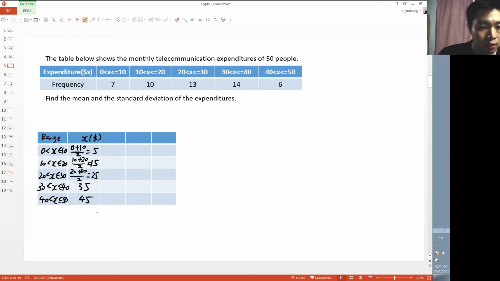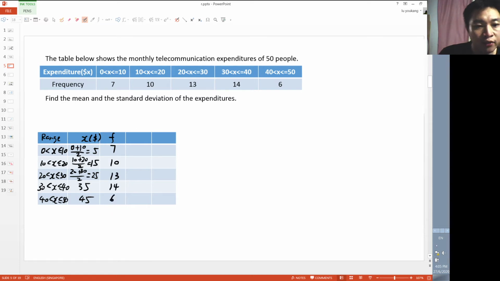Next, you write down the frequency for each range. For the 0 to 10 range you get 7. Over here is 10, here's 13, 14, and this is 6.